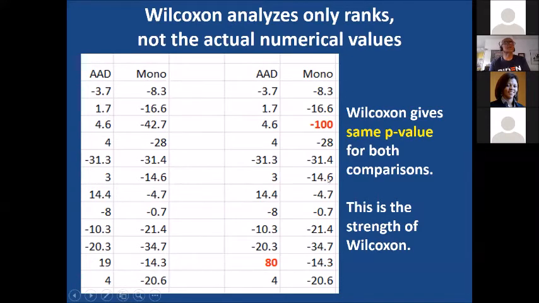And it's not just for the 2 extreme values. Other values also, if they move a lot, it has much less of an influence in Wilcoxon than in a t-test. Easy to see why, because the Wilcoxon is working with ranks. It's not working with the actual value. So that's the strength of Wilcoxon.